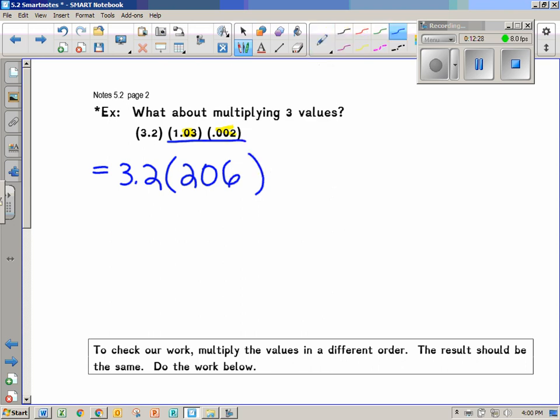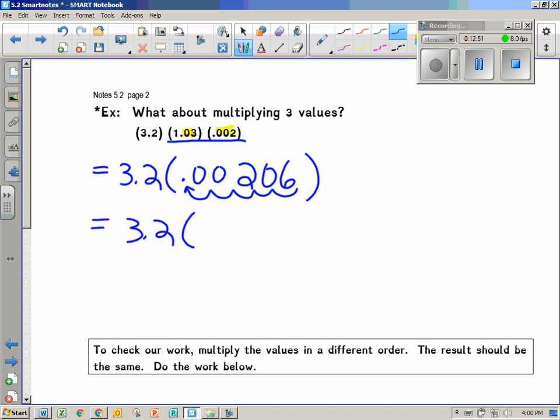Looks like I'm going to have to make that a little bit bigger. And 206, if I move it 3 places, I'm in front of the 206. So there's 1, 2, 3, 4, 5. So it's 0.00206. I'm going to write that again.